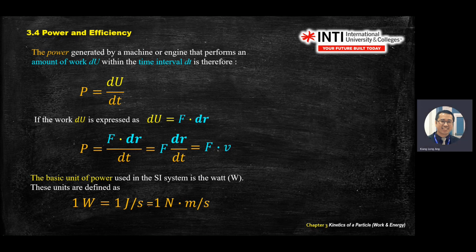Previously when you learned about work, Newton meter is equal to Joule. So there are 3 units for power: either watt, capital W, or Joule over second, or Newton meter per second.